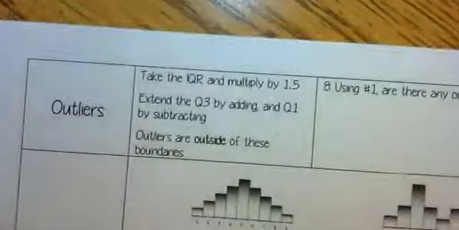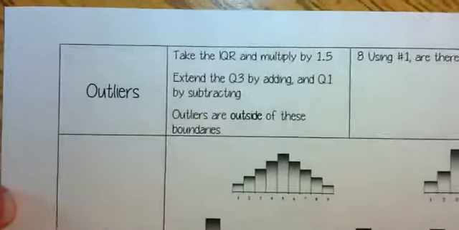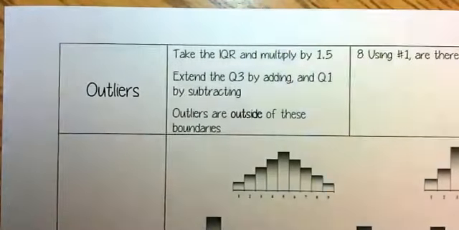All right, next up we're going to look at outliers. And what's different about outliers this year is that there's actually a mathematical definition to an outlier, and it is that it is 1.5 times the IQR, so the length of the box, basically. It's 150% of the box, which is where the 1.5 comes from.